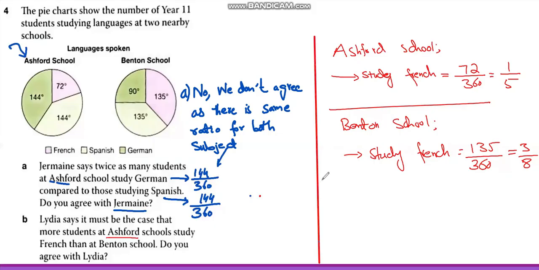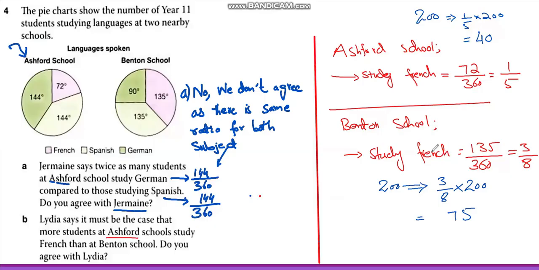So let's suppose there are 200 students at Ashford School. 1/5 of 200 is 40, meaning there are 40 students studying French. Now let's assume there are 200 students at Benton School, and out of 200, 3/8 are studying French. So 3/8 of 200 is 75.